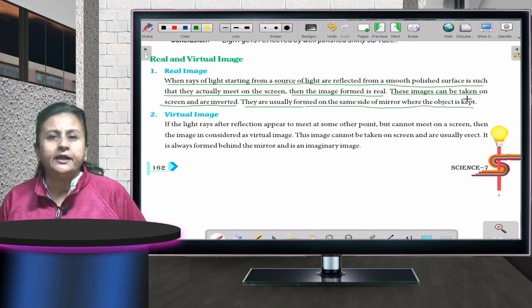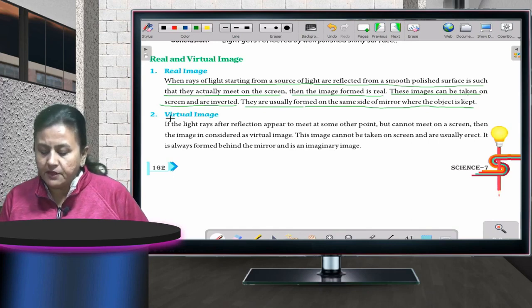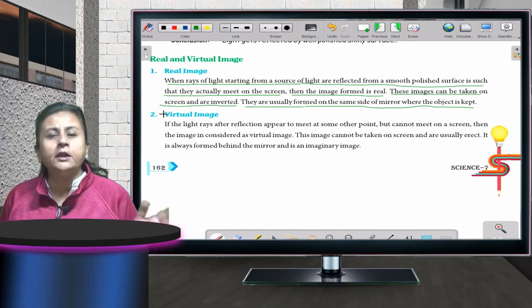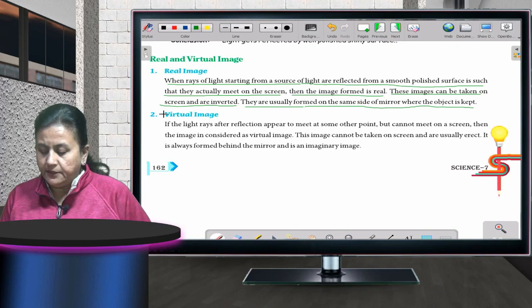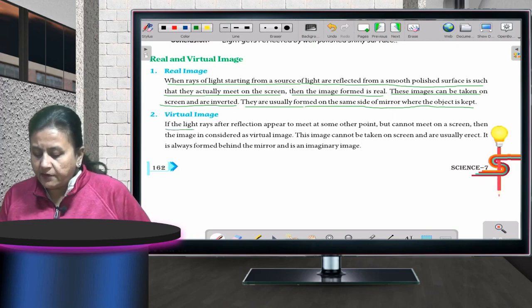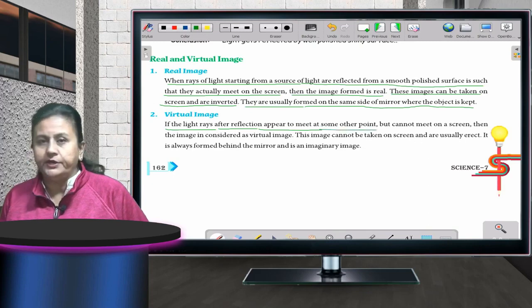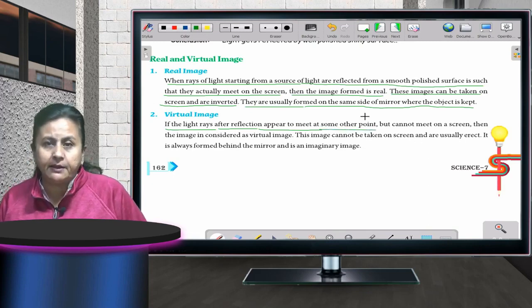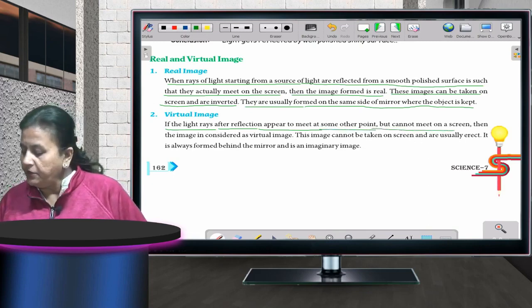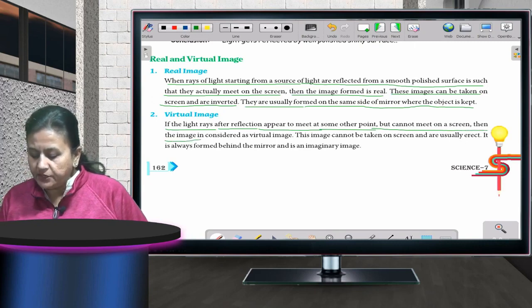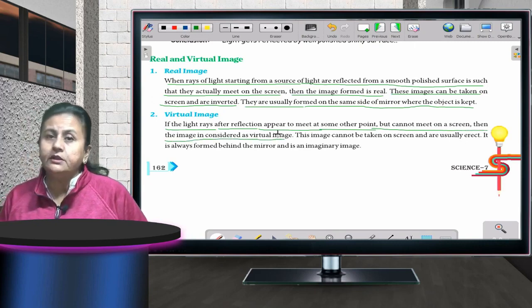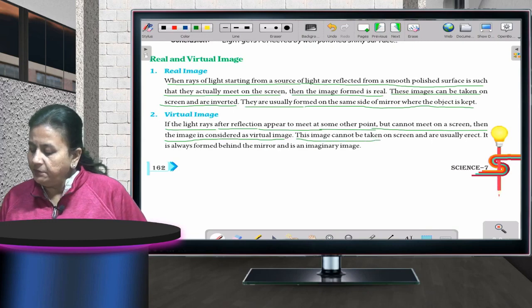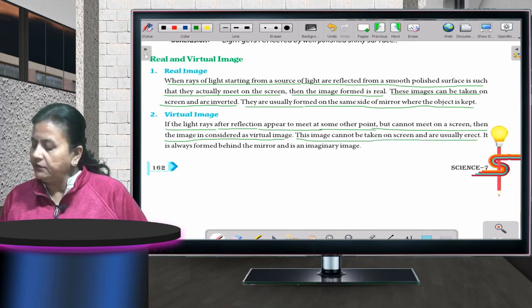On the other hand, the opposite of it is the virtual image. It is not actually meeting, but if the rays after reflection appear to meet at some other point, but cannot meet on the screen, then the image is considered a virtual image. This image cannot be taken on a screen and is usually erect.